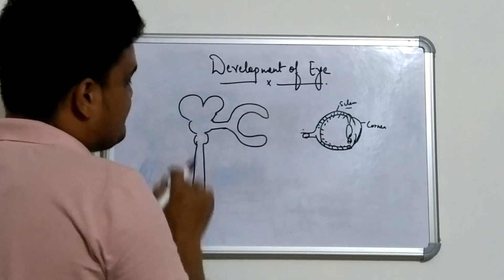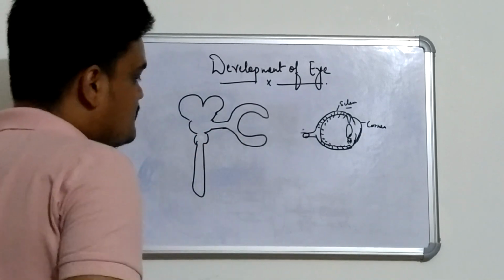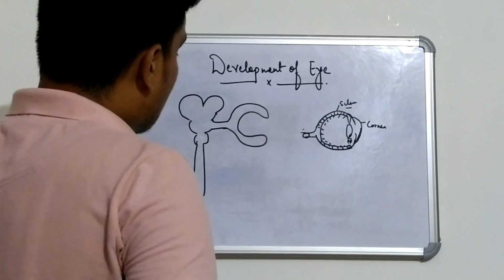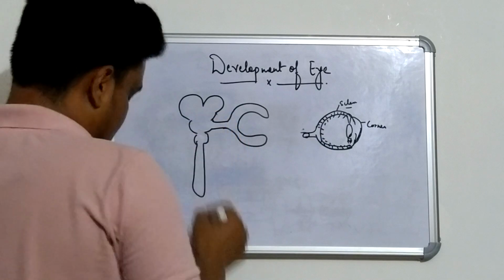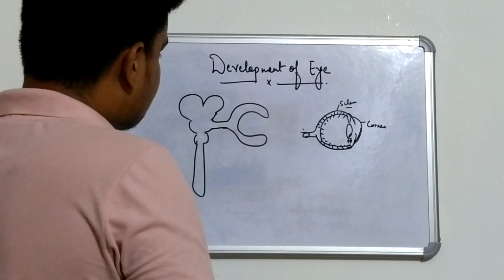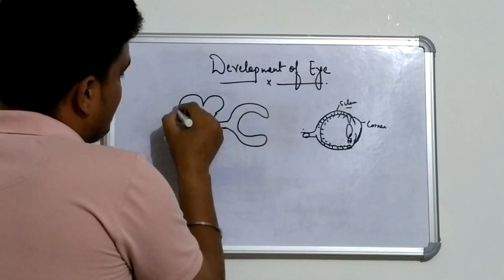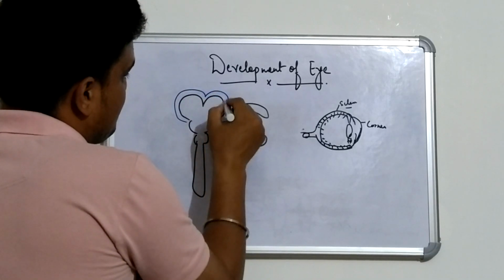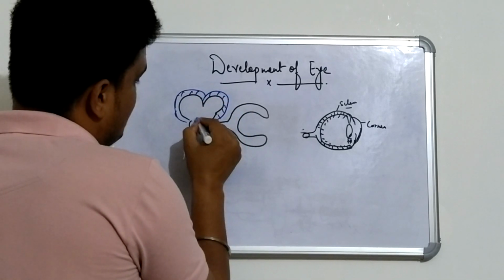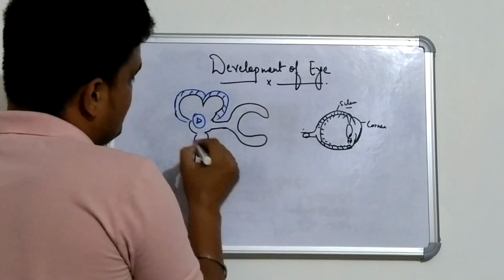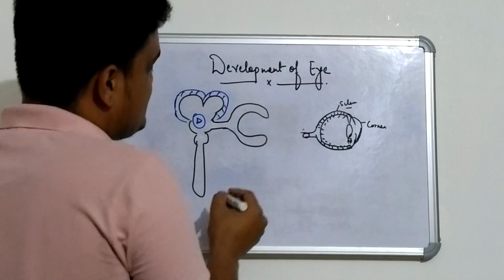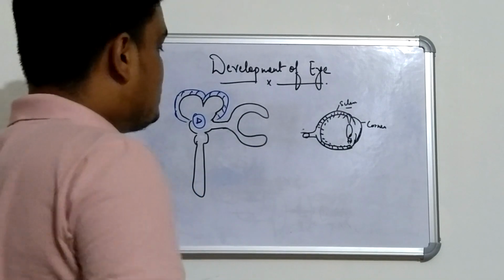From the area of diencephalon, it is going to move further, form further. So this area, which is called as telencephalon, and this area, which is called a diencephalon, from here the formation of optic stalk take place to make an optic vesicle.